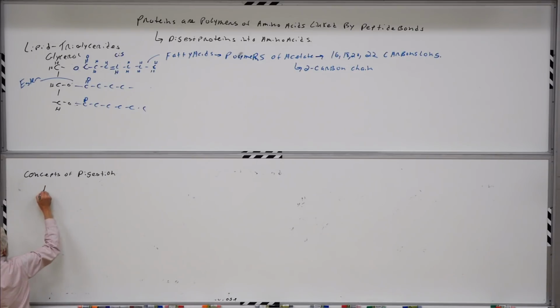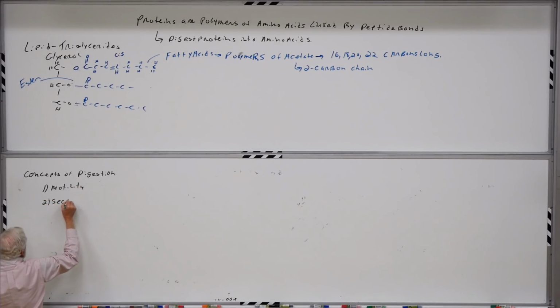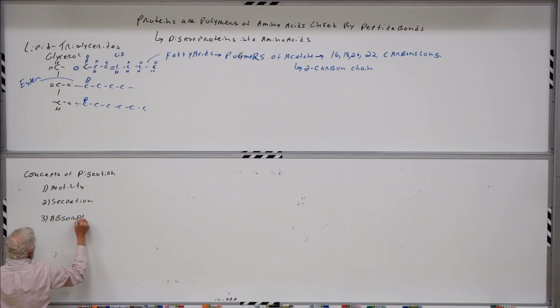And the concepts are motility, secretion, and absorption. In fact, absorption is going to be almost entirely relegated to the intestinal epithelium. We get very little absorption of molecules across the stomach or across the mouth and esophagus.